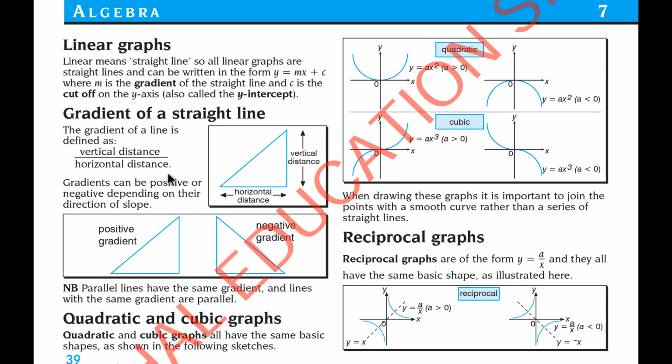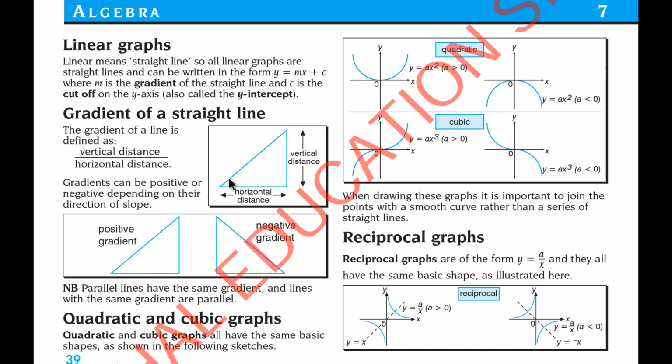You can even change the order: instead of y2 minus y1 over x2 minus x1, you can write y1 minus y2 divided by x1 minus x2. Gradients can be positive or negative depending on the direction of the slope.